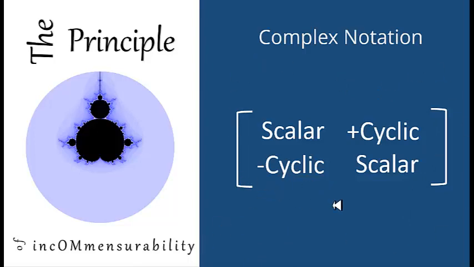Okay, so this is just notation to try to deduce what the incommensurate principles are in these different types of currents. If I were going to place these different types of currents into my complex notation, this is what I would do.